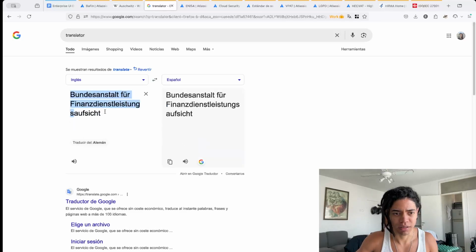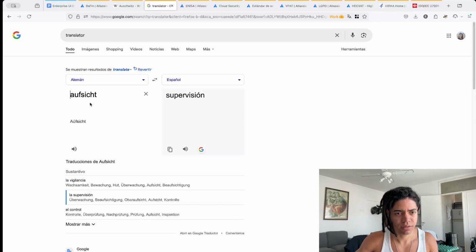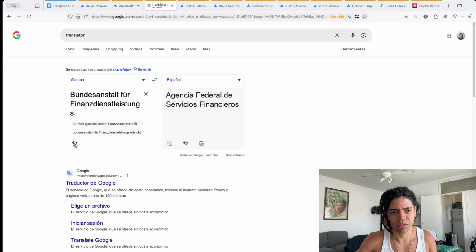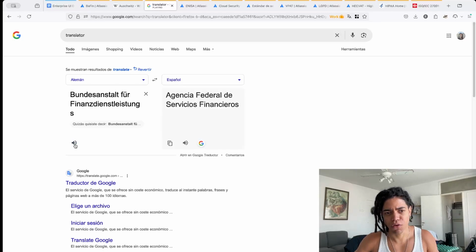But it doesn't mean anything here, right? If you're trying to translate that. That's right. Aufsicht. Okay, supervision. Bundesanstalt für Finanzdienstleistungs.